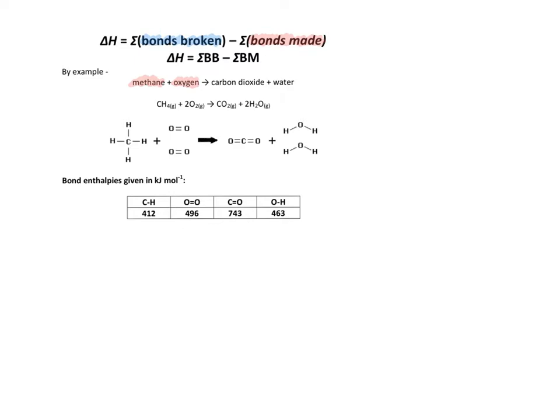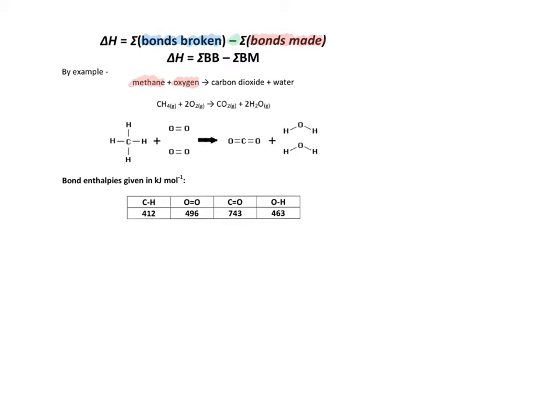Because energy is released and energy is lost from the system, this portion of the sum will have a negative sign, which is why we have the negative sign before the bonds made part of the sum.